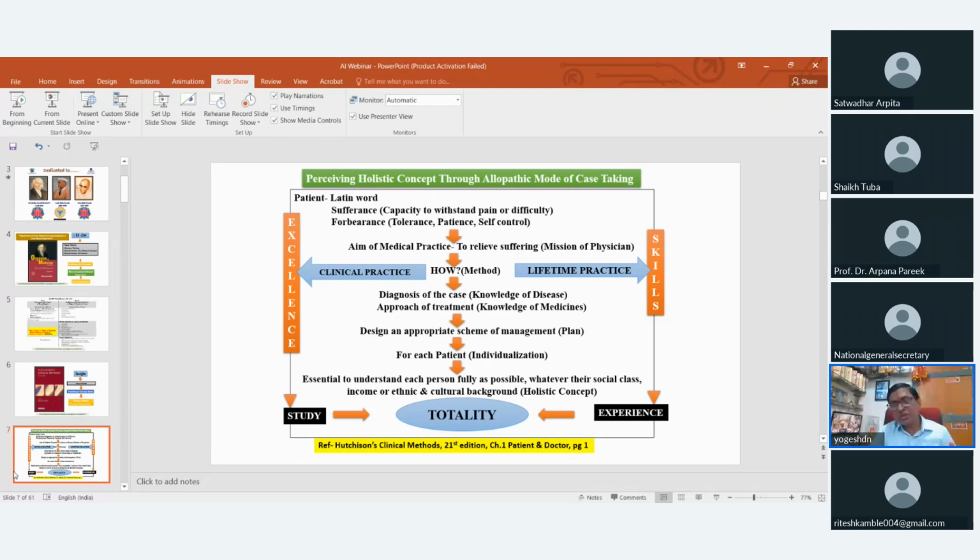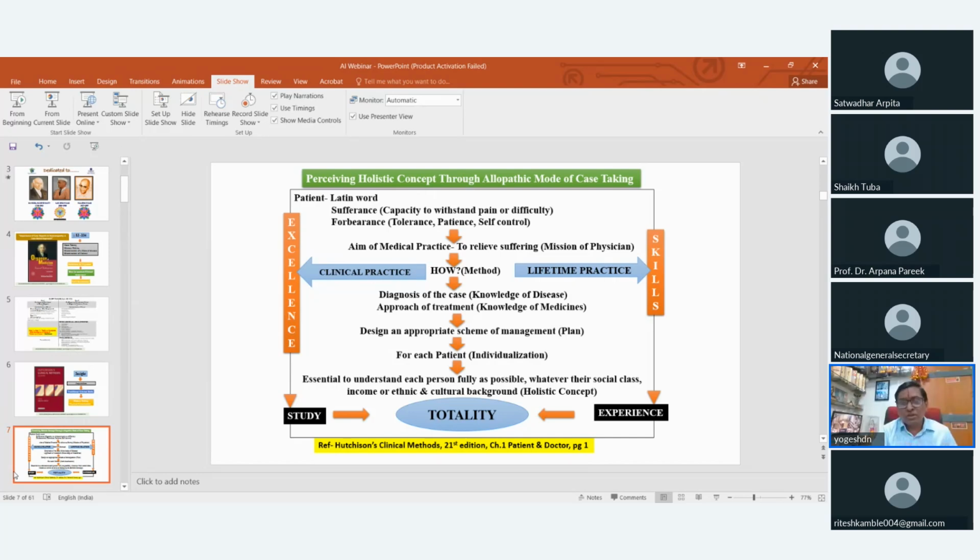Again, the therapeutic plan: how to select medicine, which medicine to prescribe, what clinical indications are there, on what totality of symptoms we are going to prescribe, and the selection of medicine with differentiation from other medicines after the repertorial references and materia medica differentiation. Then we go towards the selection of dose, then the repetition strategy, and understanding how we are going to select the potency also.